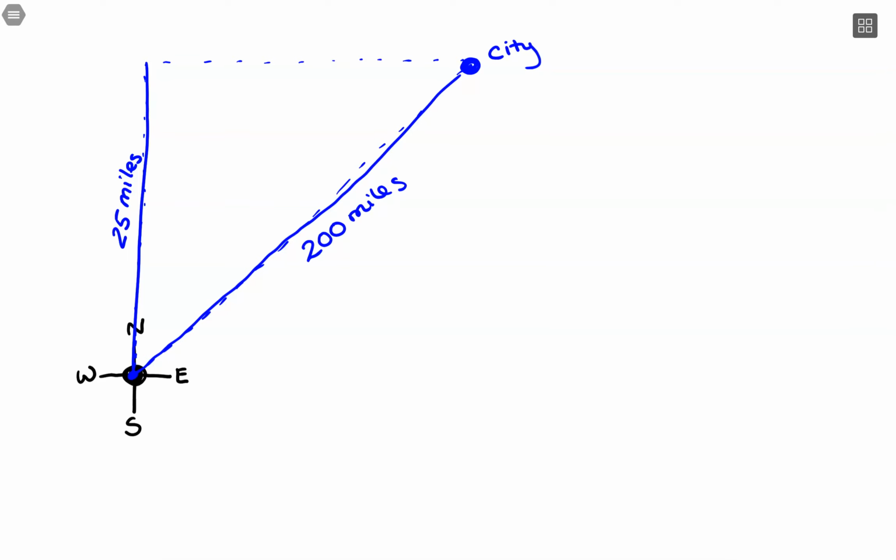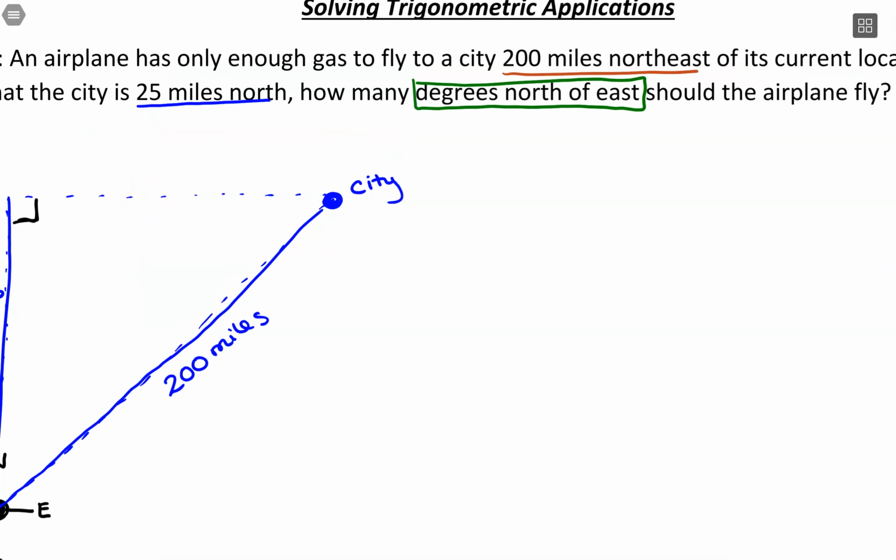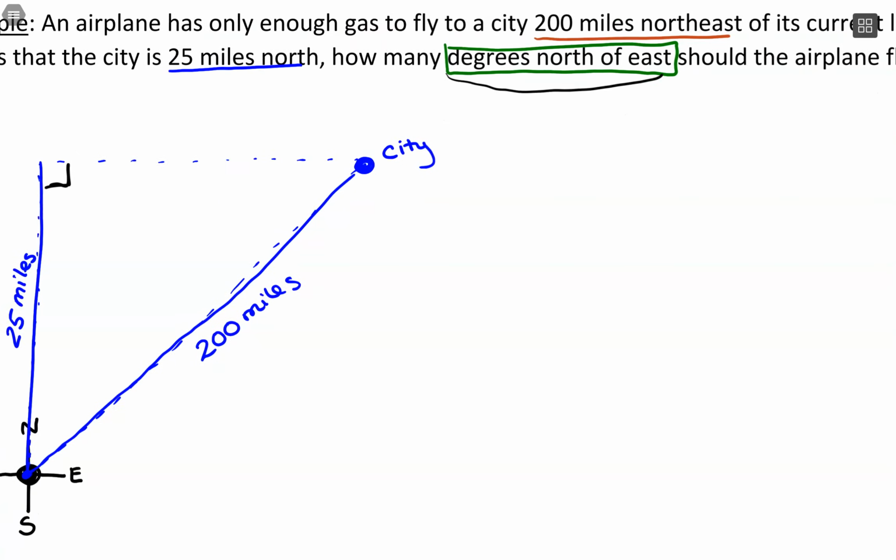When we're working with these, just based on the relationships of SOHCAHTOA, sine, cosine, tangent, we only need 2 measurements. And then something I should make note of is that this is a right triangle, which means I can use sine, cosine, tangent. I can only use those for right triangles. So the wording here, we want to find how many degrees north of east.